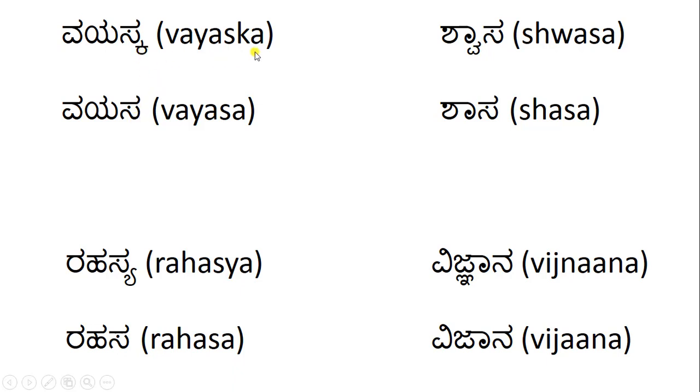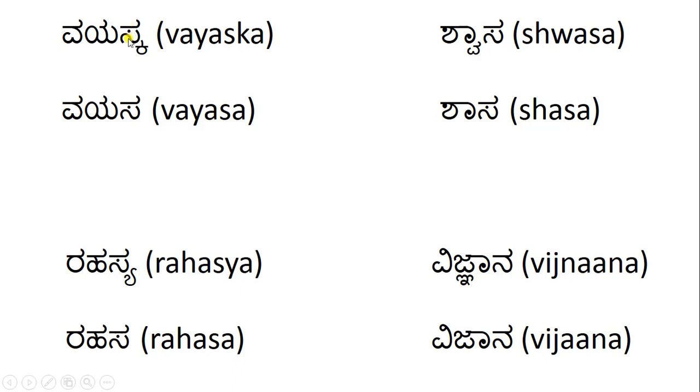Now, vayasa and we add k, and it becomes vayaska. If you see how this is pronounced, it is vayaska. This main consonant is pronounced like the root consonant. S is the root consonant.